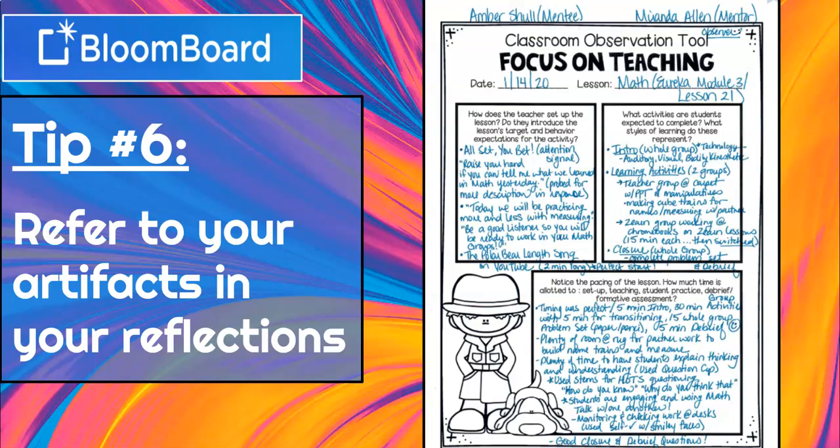So make sure that you go back and reference the artifacts that you included when you reflect on your entire mentoring cycle. They include that in the rubric, but they really want you to show and tell about what artifacts specifically that you used and how they helped you analyze your mentee's progress through each coaching cycle.